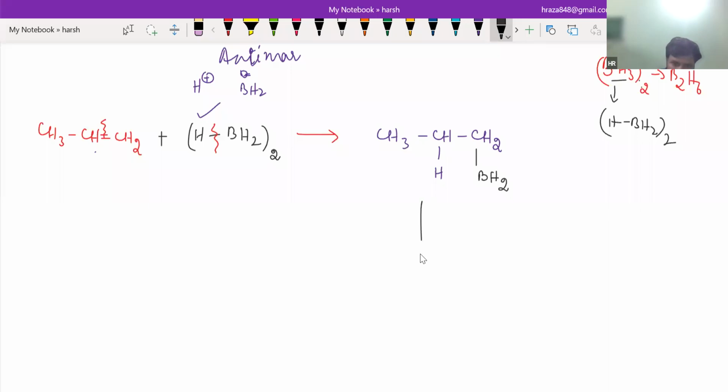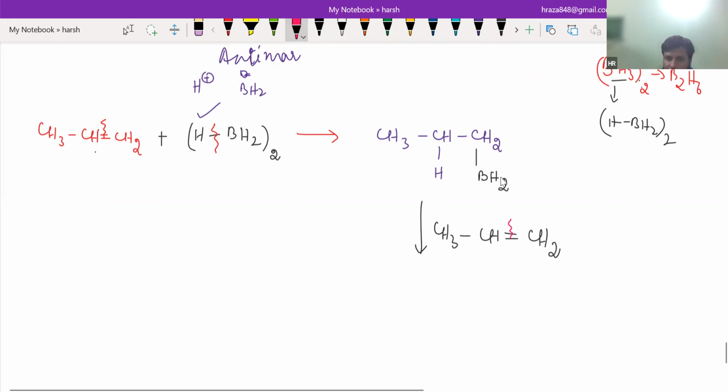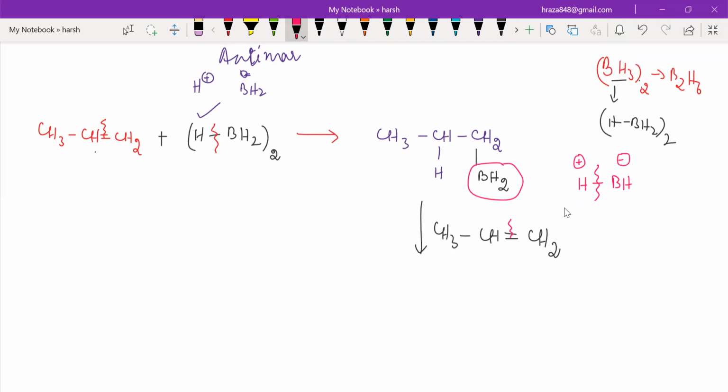Got it. Now again, you are going to react this with CH3 CH double bond CH2. Now see, be careful, please. Now this bond will break. Again, in BH2, it will be HBH. Now again this bond will break. This is the positive part and this is the negative part. So you can see this is already there.